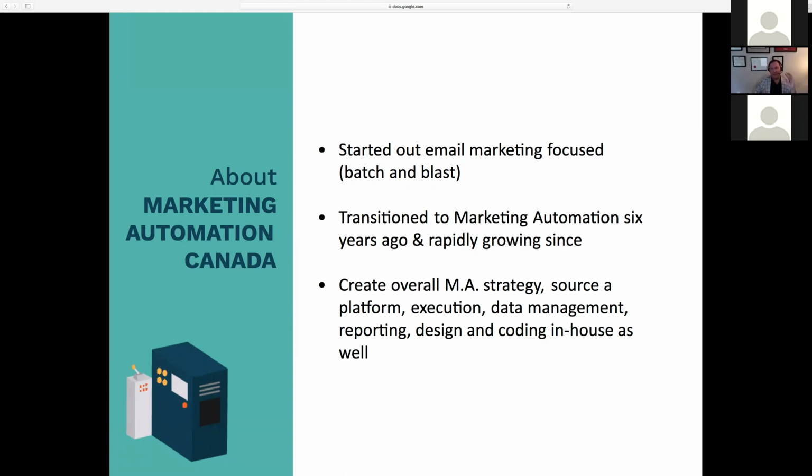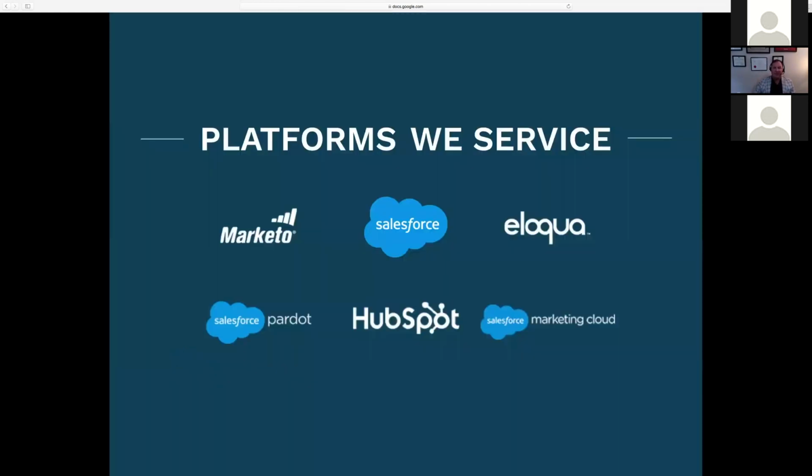So we can work up overall strategy, we can source a platform, we can execute everything within the tool, data management, reporting. We also have in-house design and coding. So we've touched every part of the marketing automation journey, so we can make sure that you're working towards a really informed decision internally. Another thing that I think is fairly unique about us is that we actually work in a variety of the major platforms. So we're not married to any one platform.